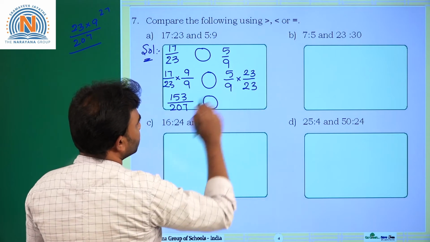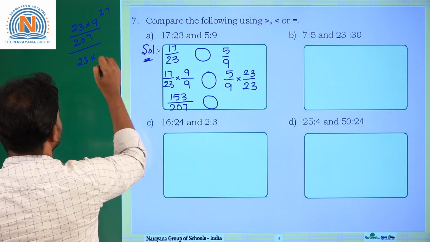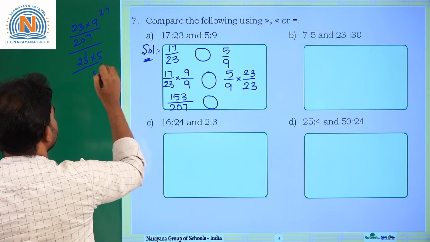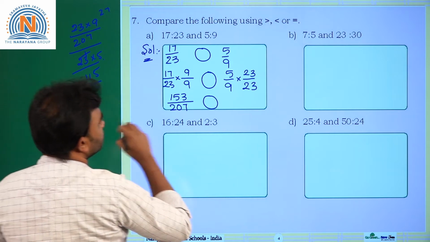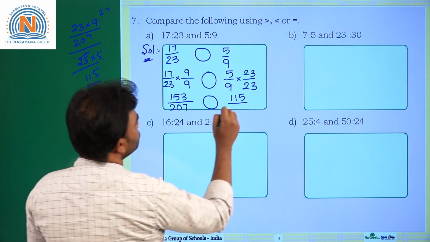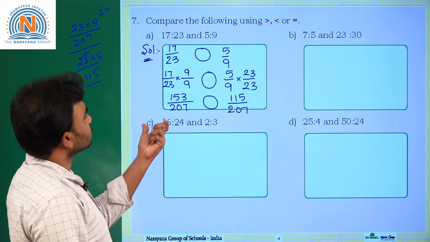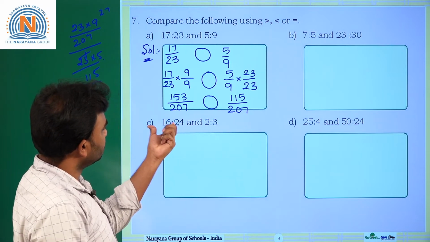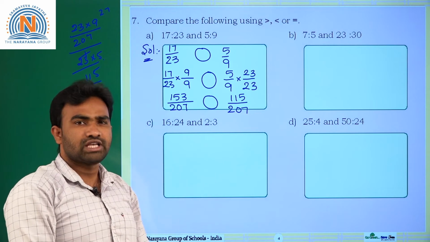Next one, 23 into 5: 5 3s are 15, 5 2s are 10, 10 plus 1 is 11, so 115 by 207. 207 is 9 into 23. So in these two, now see, 207 and 207, both denominators are equal.